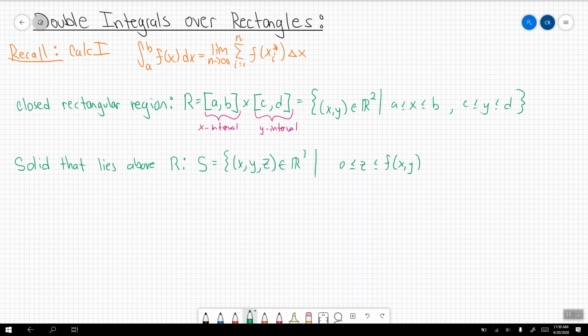That's going to be for the z coordinates, and x and y already belong in R squared.